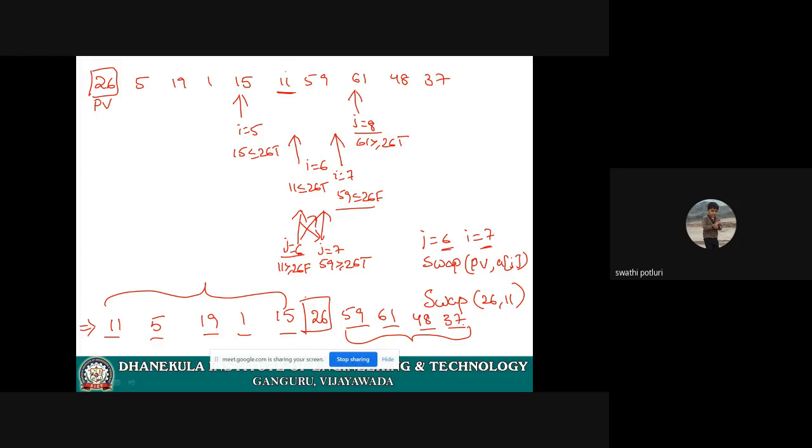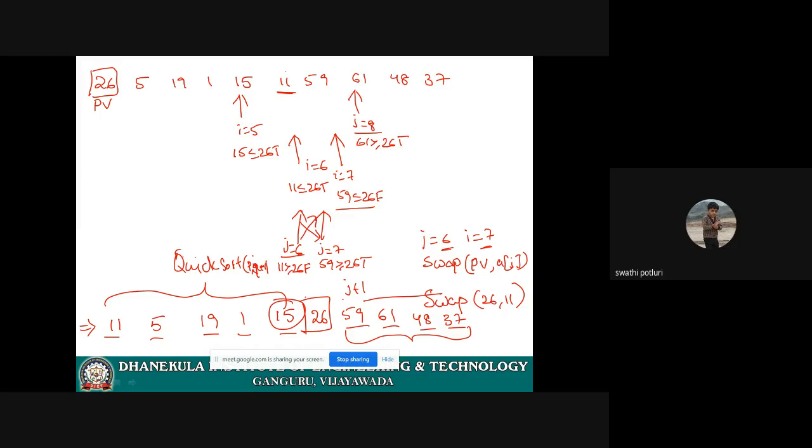So in this way, we have to divide the list of elements based on the pivot element. Now what you have to do? You have to take the left subarray and apply the quick sort process again. So quick sort of P comma J minus 1, and then quick sort of J plus 1 to the last element.